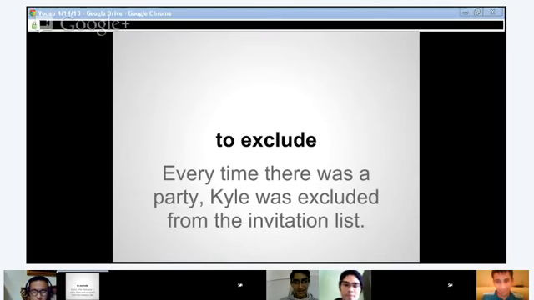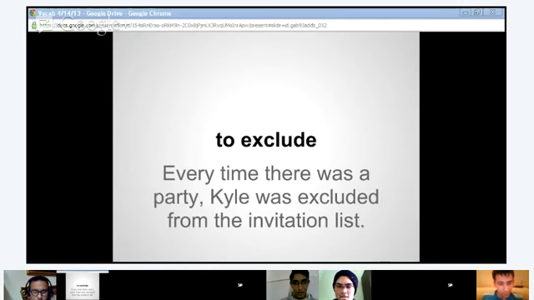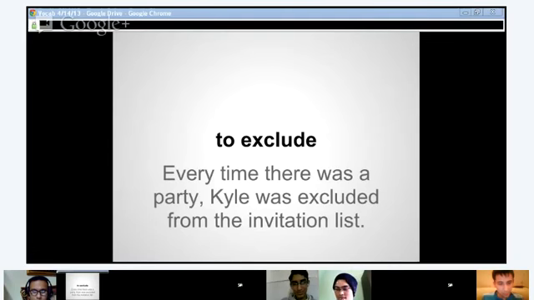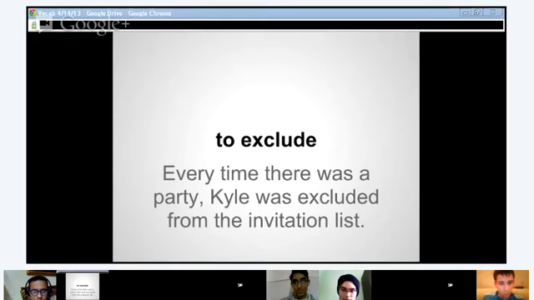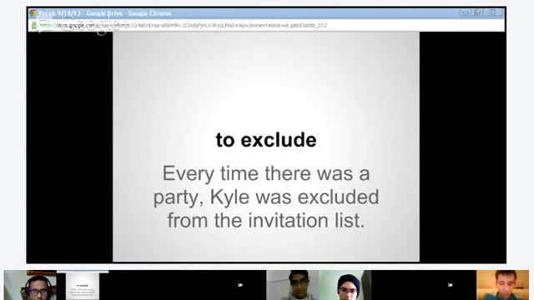Okay, very good. So this word is exclude. We're just reviewing the words that we went over. So could you give us an example sentence using to exclude? Do you understand what this one means?